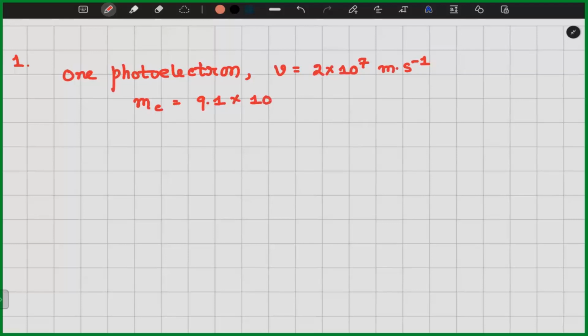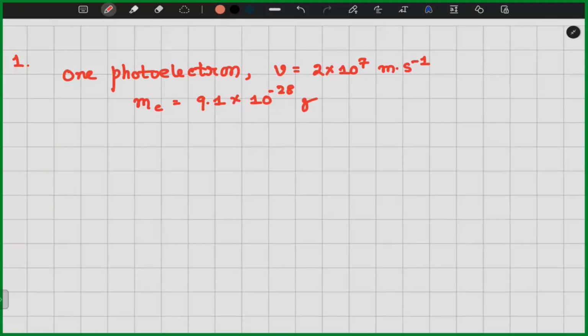That's why I said in yesterday's class that we should remember some values which are often used. One of those values is the mass of the electron, which is 9.1 into 10 to the power minus 31 kg. If they are provided in gram, that doesn't matter. We can easily convert from gram to kg or any other unit.